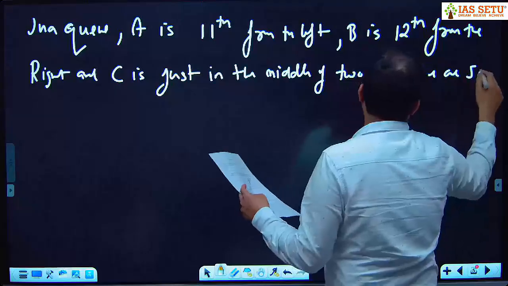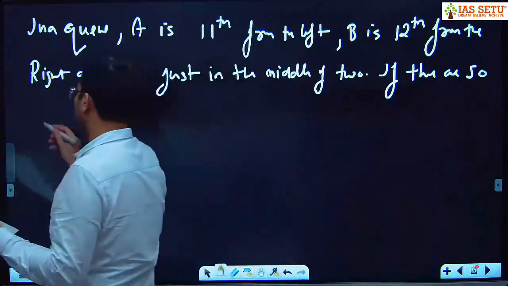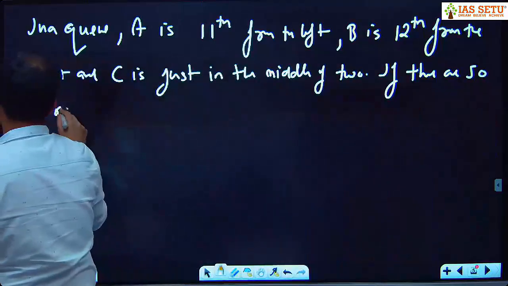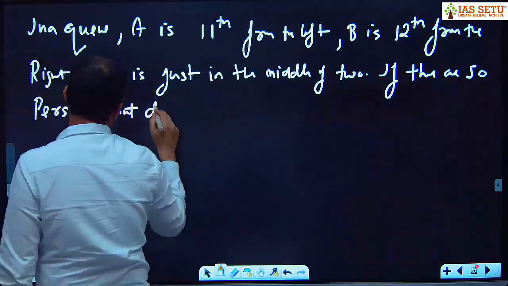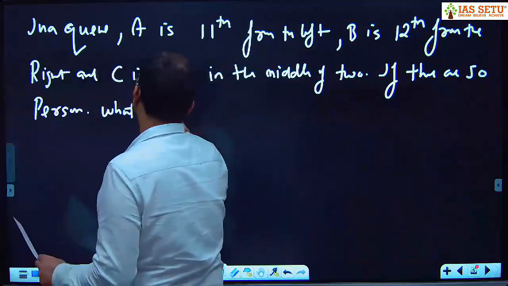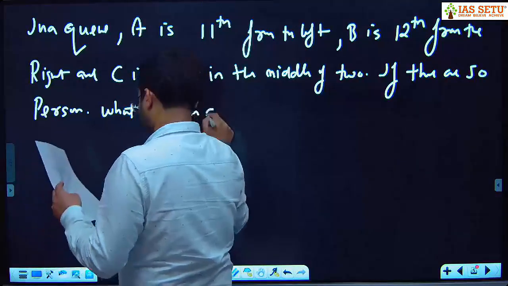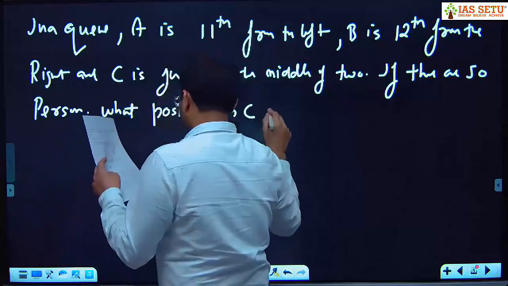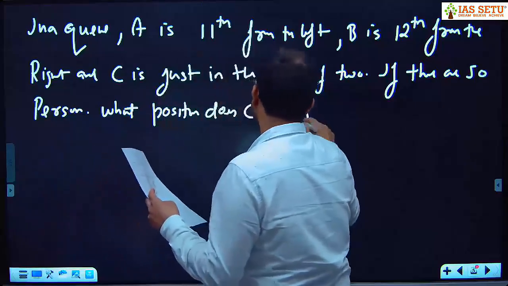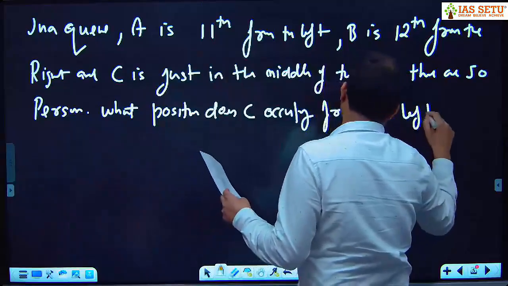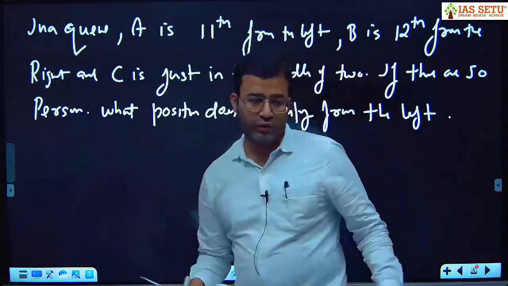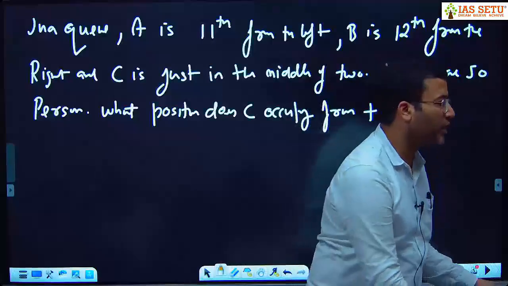If there are 50 people, what position does C occupy from the left? What position does C occupy from the left?